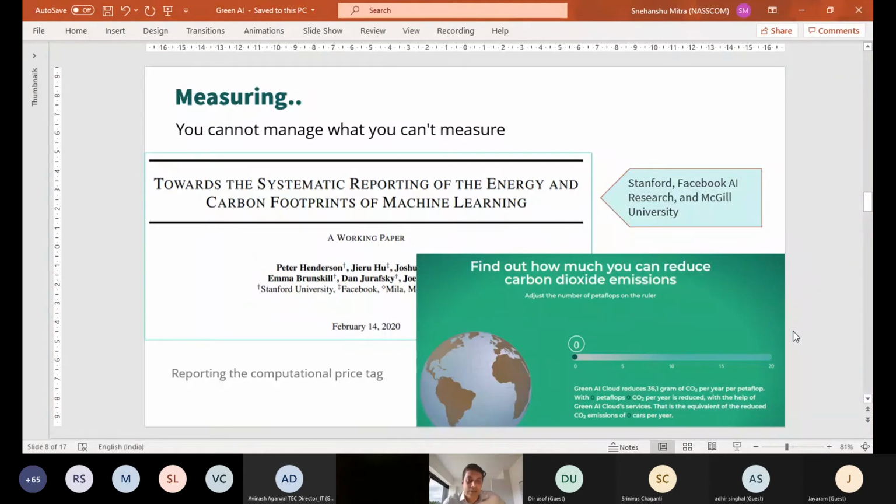Moving on to this same topic of measuring, we are seeing a good amount of research happening today. The first one that I would like to quickly talk about is this research paper. The first draft of it was presented last year, led by Stanford, Facebook AI Research, and McGill University, which talks about this whole need to report carbon footprints of machine learning solutions.